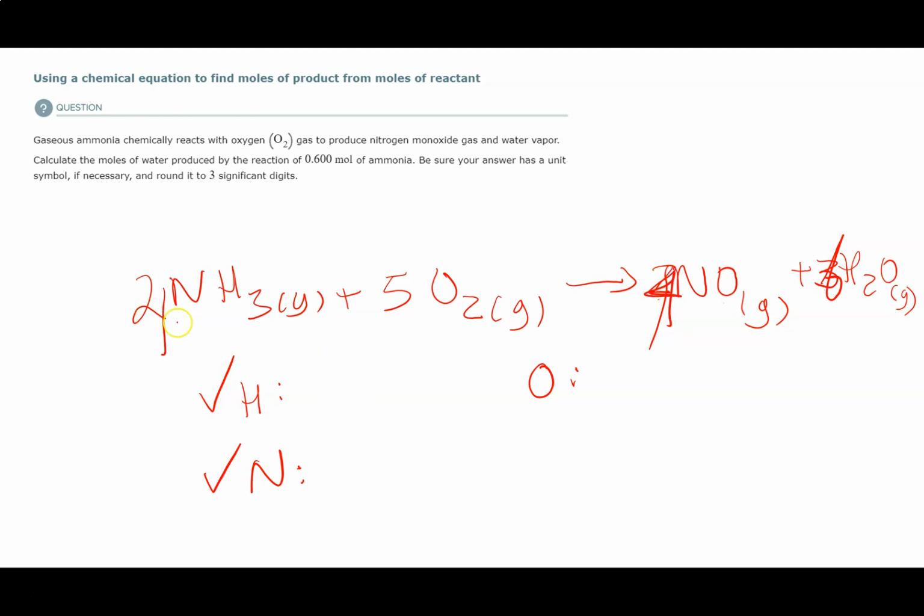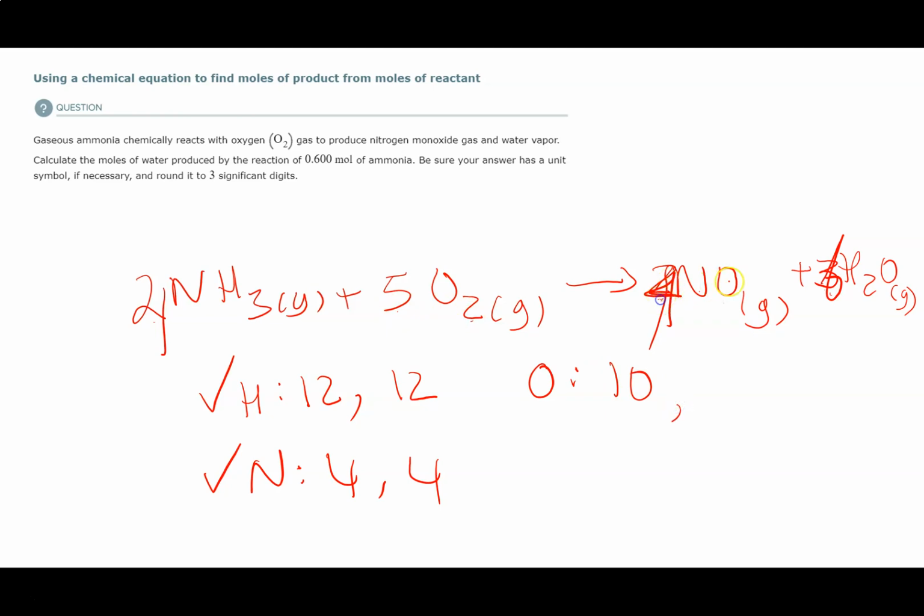Okay, so on the left here I've got 4 nitrogens, and on the right here I've got 4 nitrogens. On the left here I've got 4 times 3, I've got 12 hydrogens, and on the right I've got 6 times 2, I've got 12 hydrogens. So there's only one last thing to check, which is the oxygens. 5 times 2 is 10.